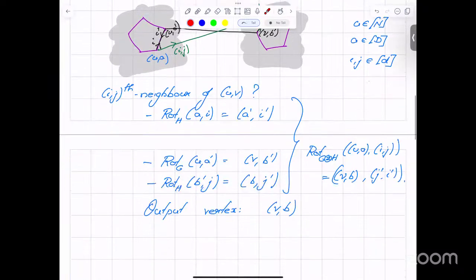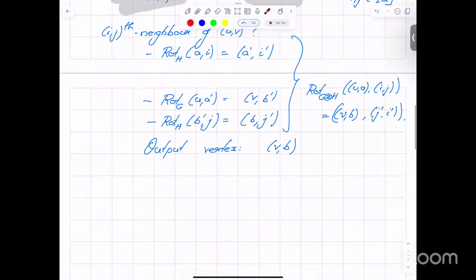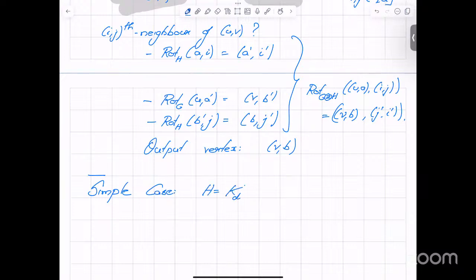So let's take a simple case which will actually be quite important in the proof. Let's ask what happens when H is actually K_D star. It's the complete graph, sorry, K capital D star, which is a complete graph but with self loops.